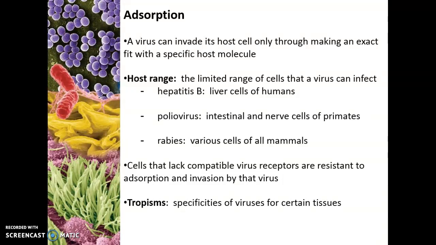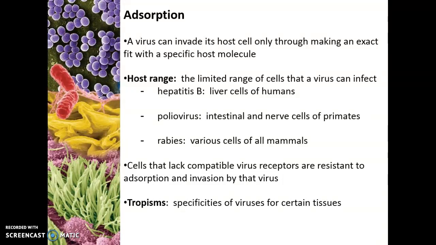So hepatitis B virus infects liver cells. Poliovirus infects the intestinal tract and then can move into nerve cells, but it doesn't affect the heart, doesn't affect the lungs. Rabies viruses, this one's interesting because it actually affects a variety of cells, and that's why it can do a lot of damage and have different ramifications within the body.